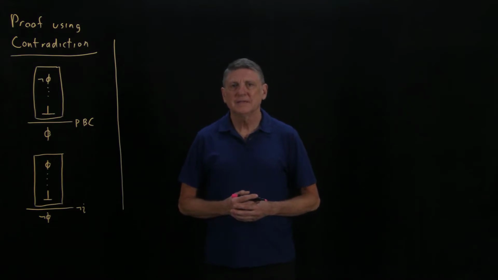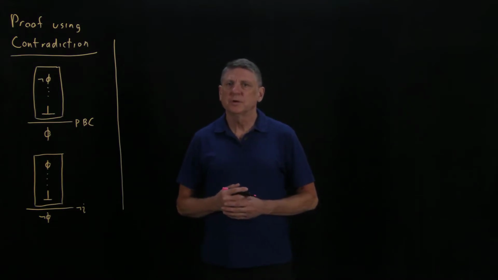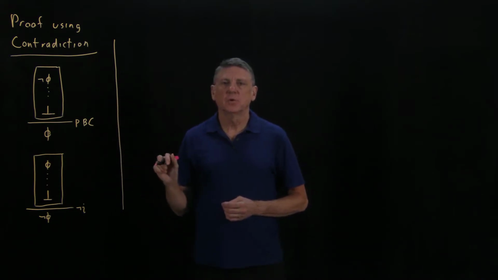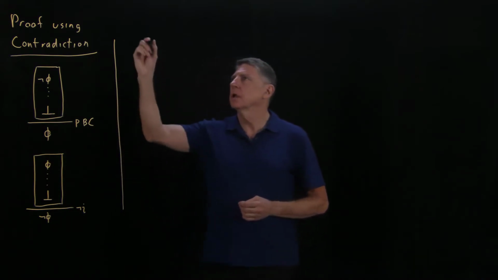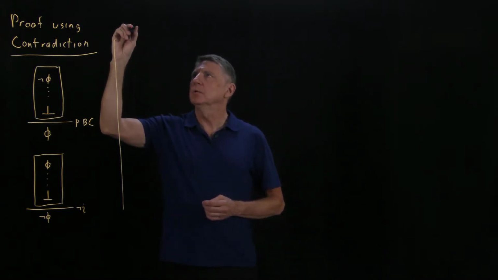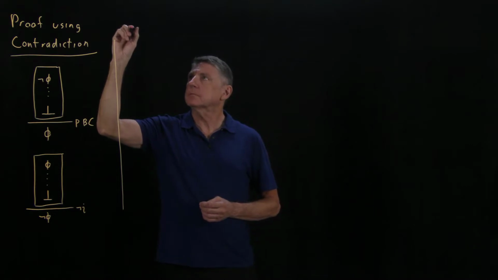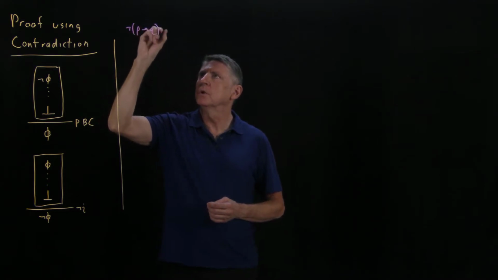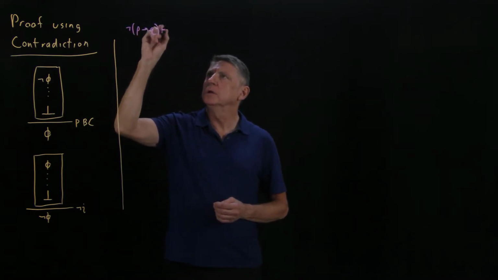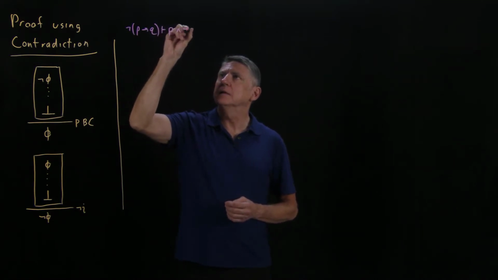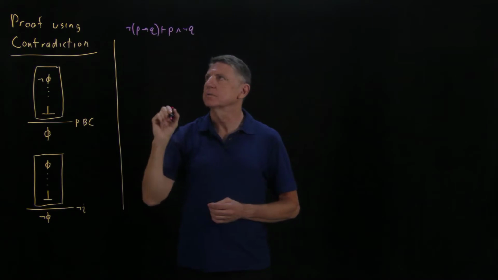Welcome. In this session, we'll explore using proofs that involve contradiction in a more complicated theorem. Let's suppose that we are given the sequent: if it is not the case that P implies Q, we can conclude that P is true and Q is false.